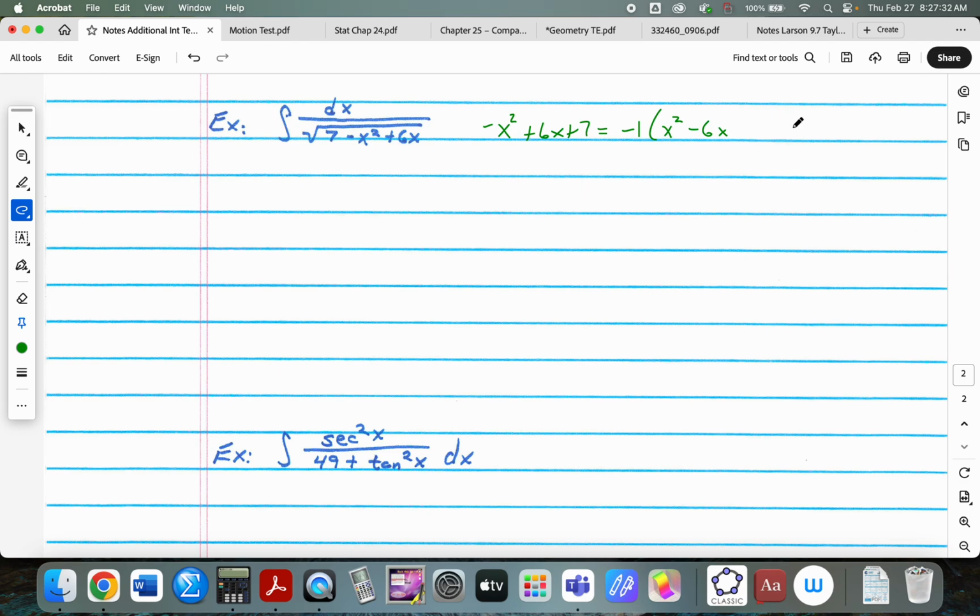I'm going to go ahead and complete the square while I'm doing this. So half of -6 is -3, squared is 9. So I add 9, and then I've got a +7, and I'm going to subtract 9.